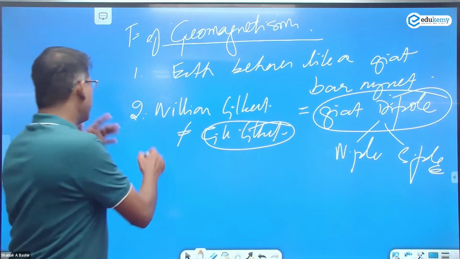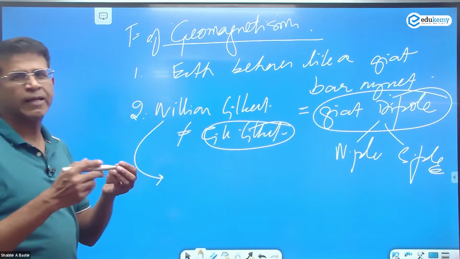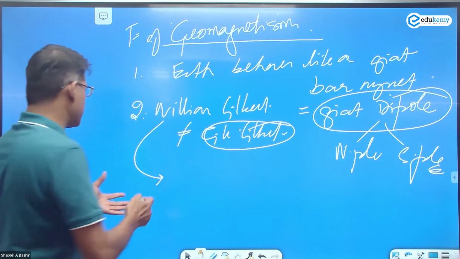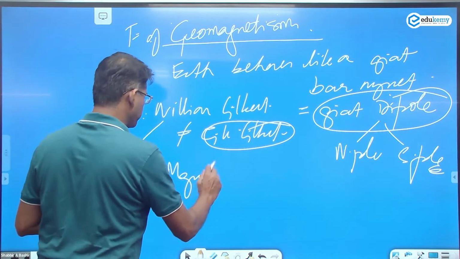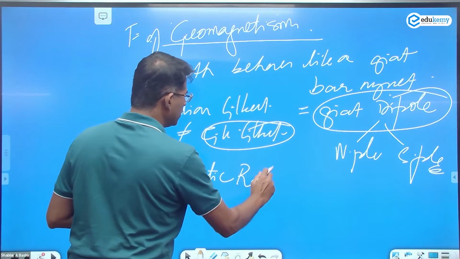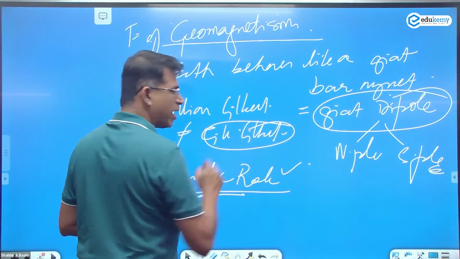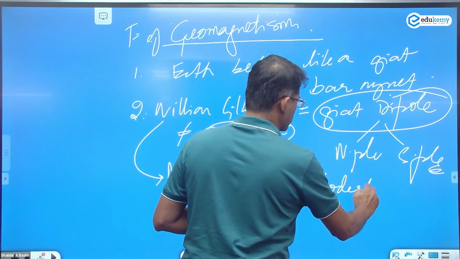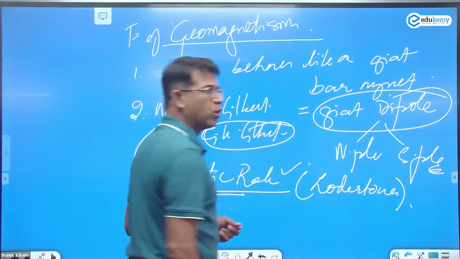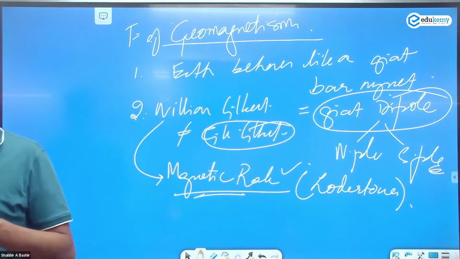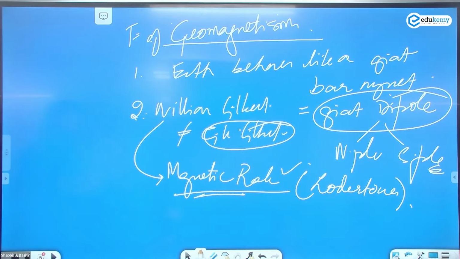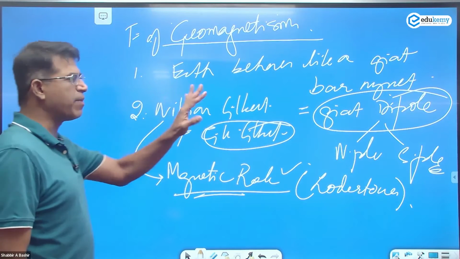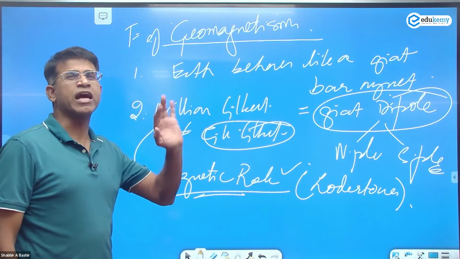He discovered this by discovering certain magnetic rocks, and these rocks are called lodestones. Lodestones are the magnetic rocks. So he said that Earth behaves like a giant bar magnet. It's a giant dipole magnet.